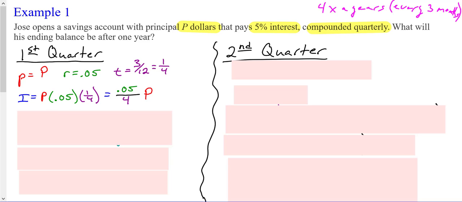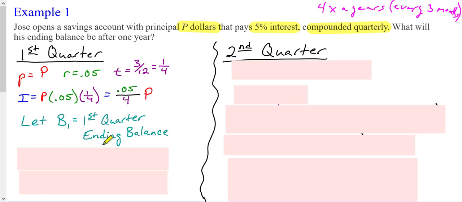In this first section, we're going to let B represent the balance for the first quarter, the ending balance. And remember, to determine the ending balance, we have to add our principal plus our interest.